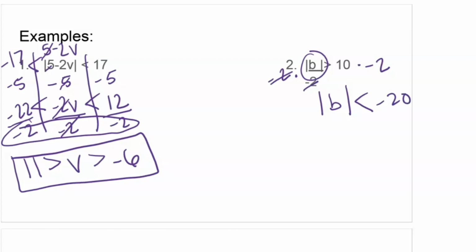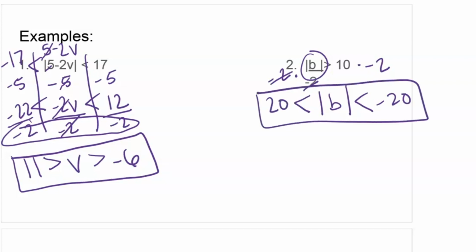And it's kind of already solved, this one, because we just had the b by itself in the absolute value. So I'm just going to put that same sign over here and put a positive 20. So we can write it like that, or we can say b is greater than 20 and b is less than negative 20.